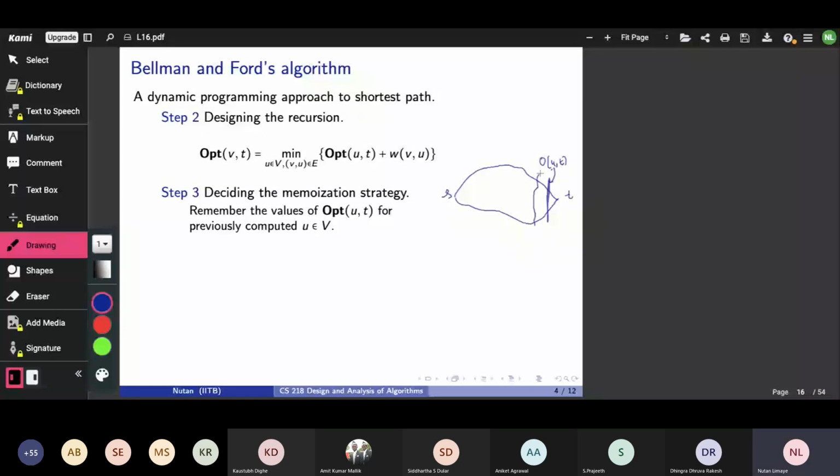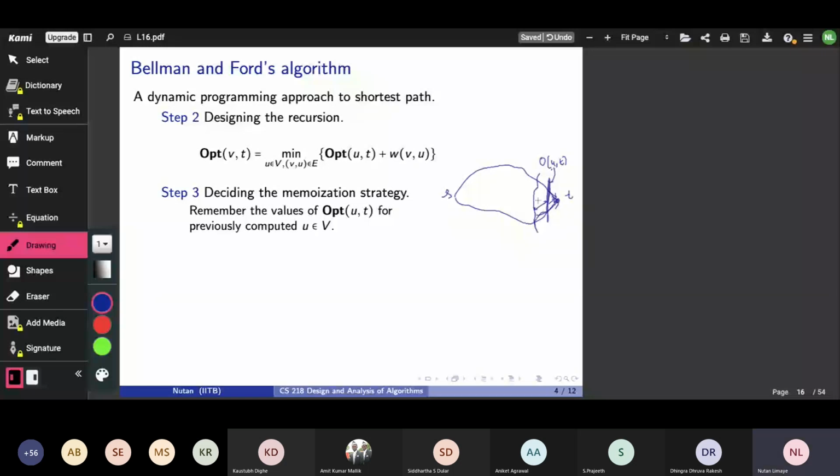Then I look at the next frontier. By frontier, I just mean vertices which have direct edges to the previous frontier. So initially my frontier is just T. So I look at all the vertices which have direct edges to T. So that's my frontier here.